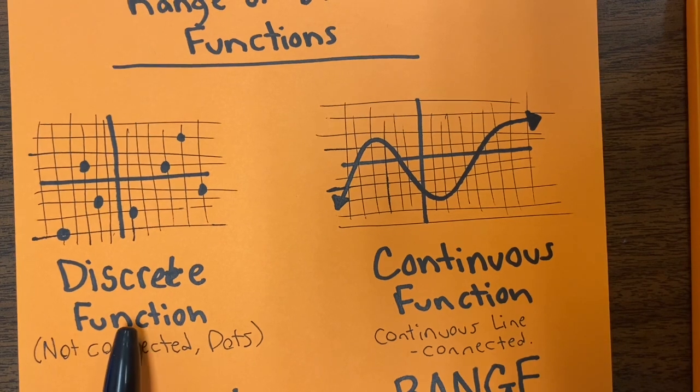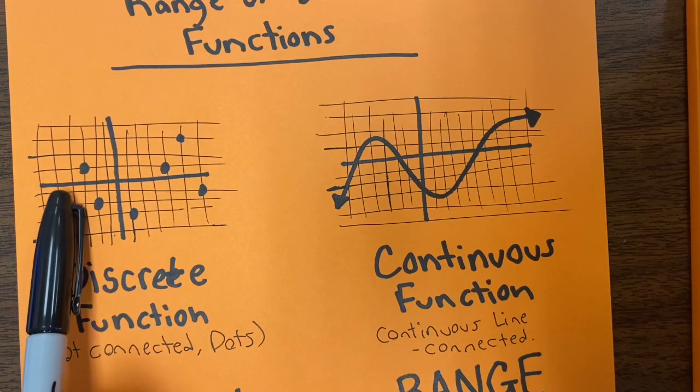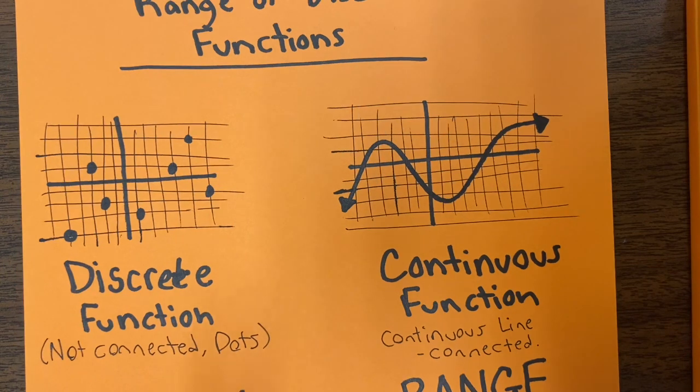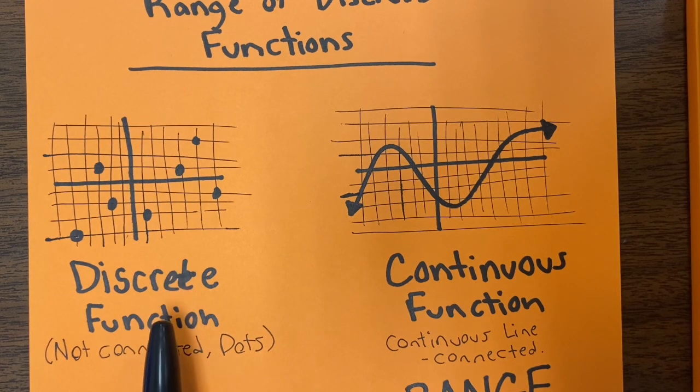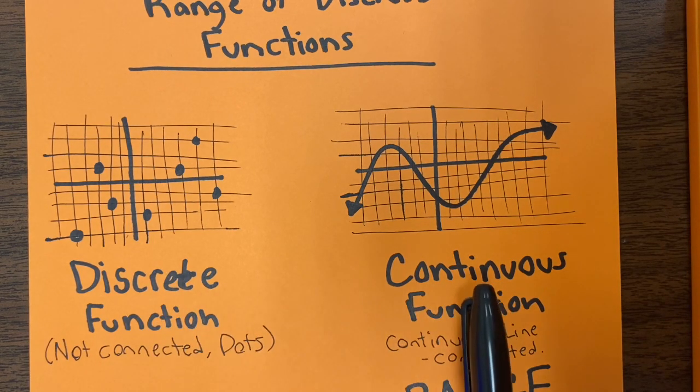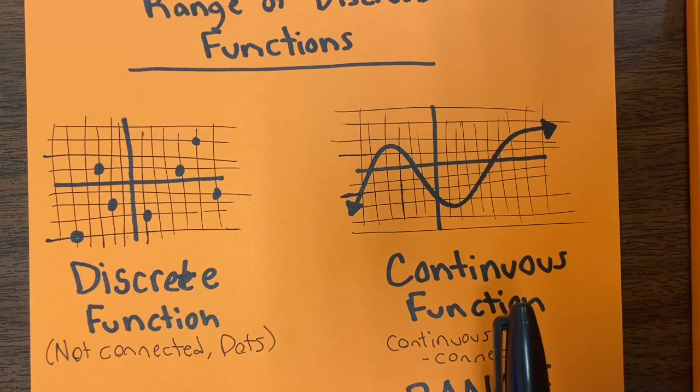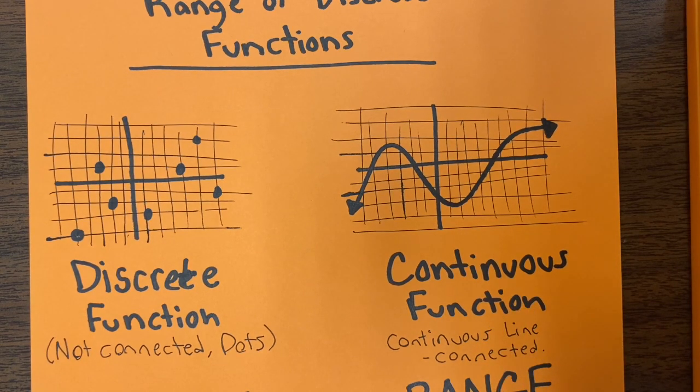The key, remember though, the function is that x never repeats. So the x values never repeat themselves. So that's what makes it a function. Sometimes there's discrete graphs that are not functions, and sometimes there are continuous graphs that are not functions. But for now, we're focusing on functions.